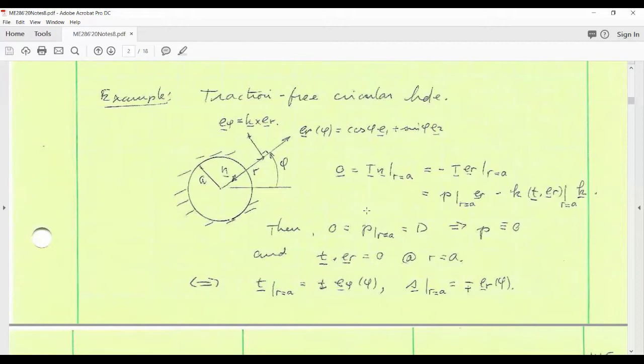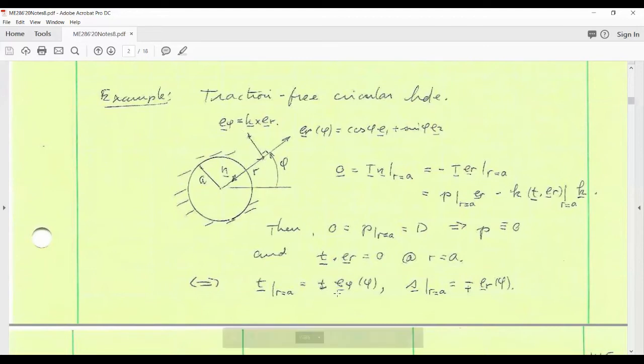So P at R equal A, if there's no axial pressure gradient, then P is just a constant. But since that has to vanish at R equals A, it's 0 everywhere because it's a constant. So in this case, there's no pressure field at all in the problem. And this equation then says T dot ER is 0 at R equals A, which means, because it's a plane vector lying in the plane, it has to be in the direction of E phi.